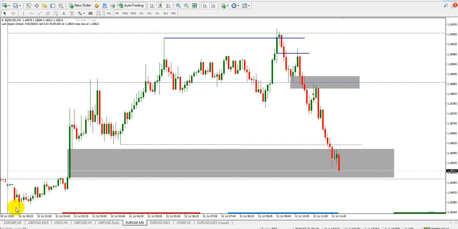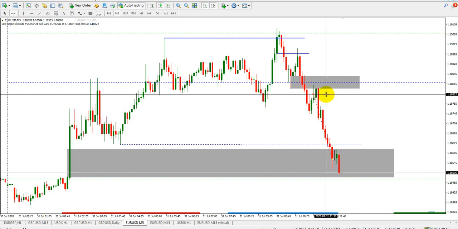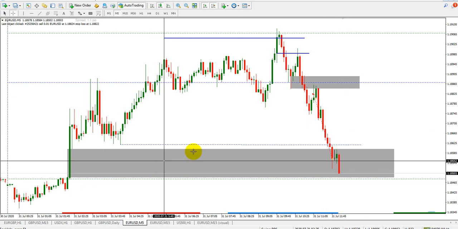It may well come down and run out these lows. It could even go right back to the GMT pivot level. But the more highly likely scenario for me for this trade was just a quick short down into this liquidity void.